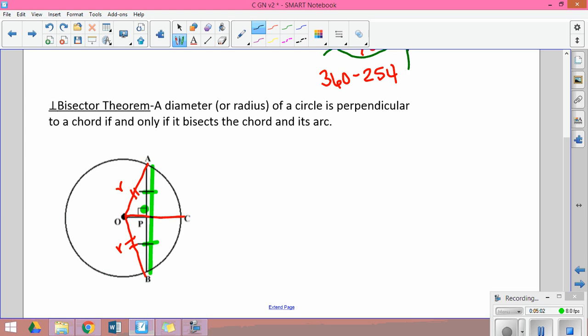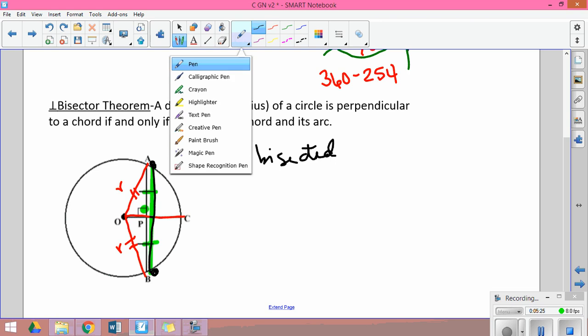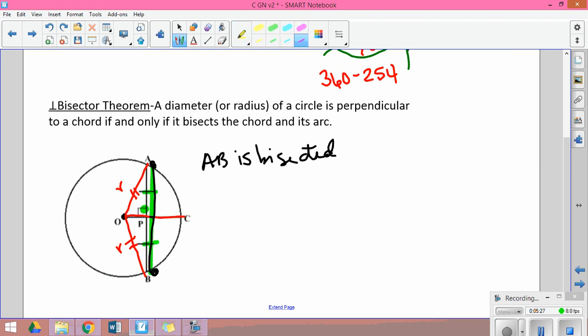The most important thing to note here, though, is what is and what is not bisected. So AB is bisected. That chord that cuts randomly across the circle. It's not a diameter, it's not a radius, it's kind of a random chord cutting across. But this radius of OC is not bisected.